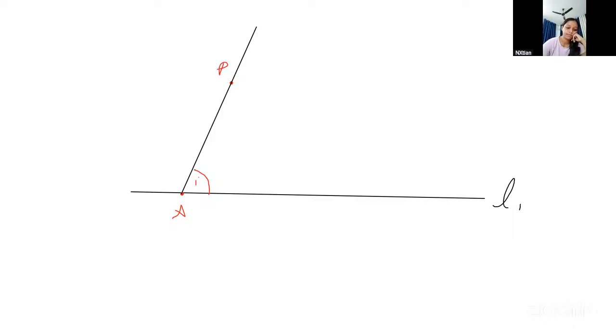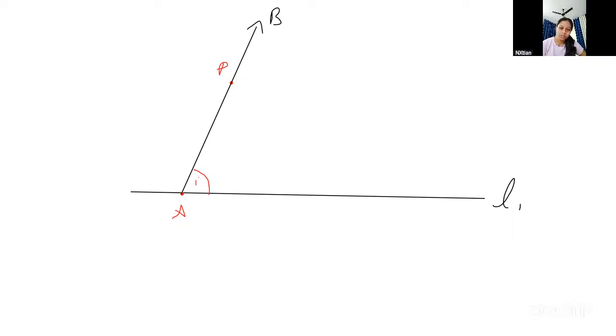Then put your compass on point P, same radius. Cut PB at C. Mark this bigger line that we have drawn as B. Now what we will do?